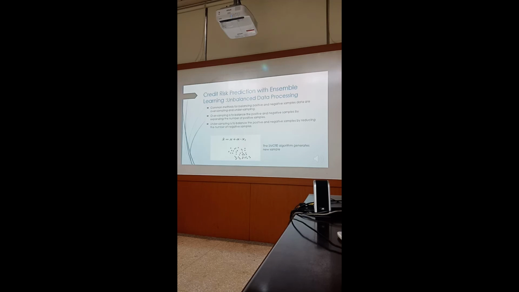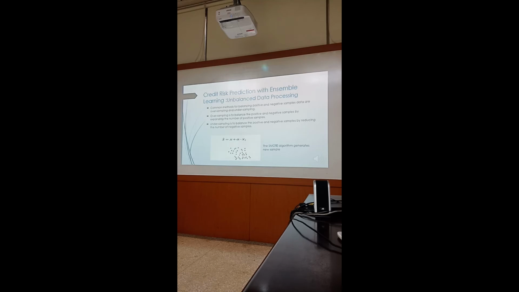They use unbalanced data processing in this paper. Common methods for balancing positive and negative sample data are oversampling and undersampling. Oversampling balances the positive and negative samples by expanding the number of positive samples.